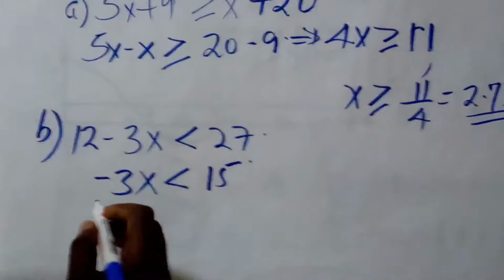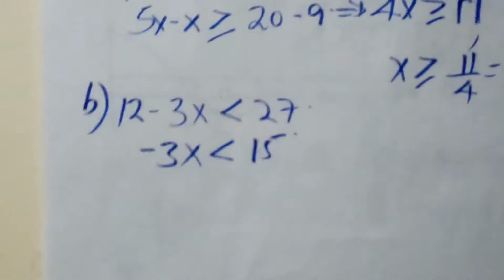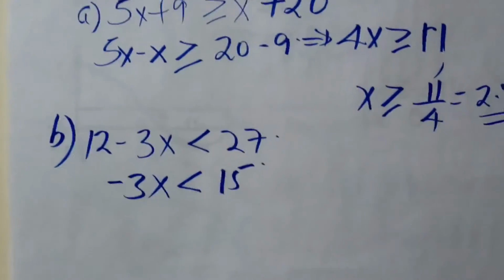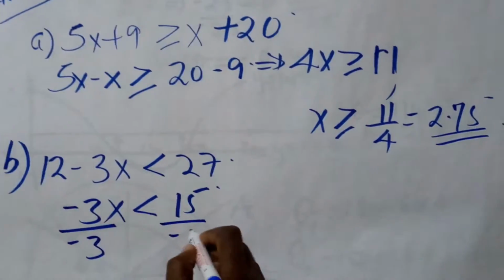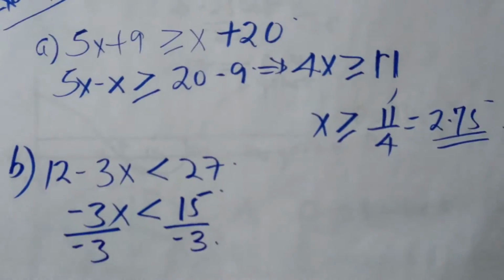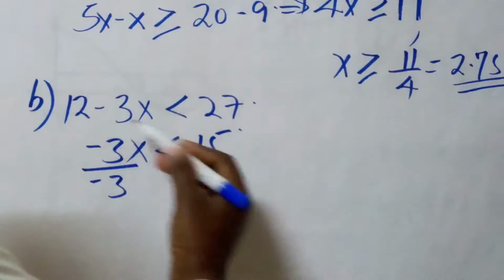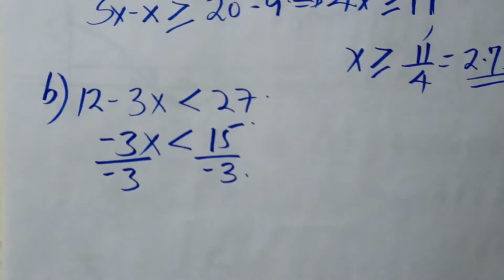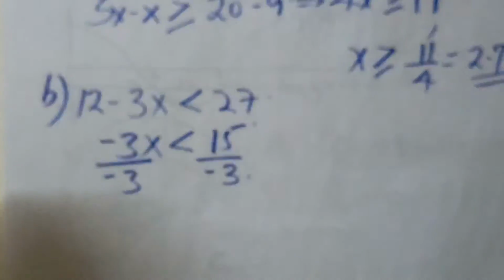And I want us to remind ourselves what we said in the early years when we were introducing ourselves to inequalities, that every time you divide an inequality by a negative number, you automatically reverse the inequality symbol.